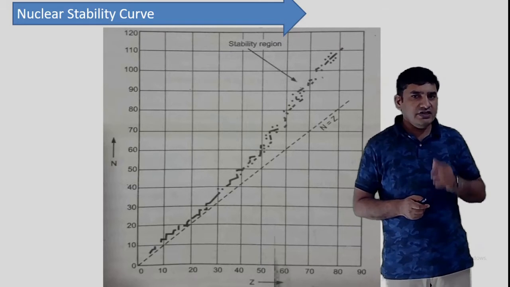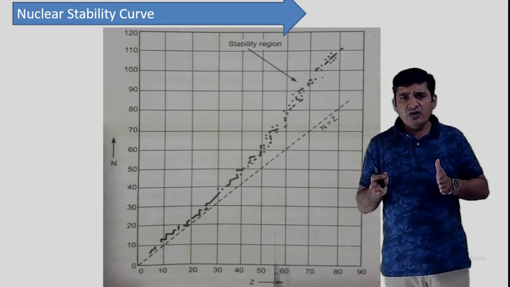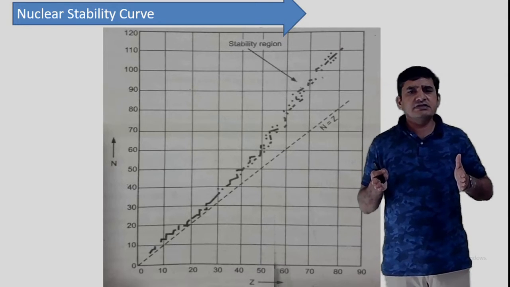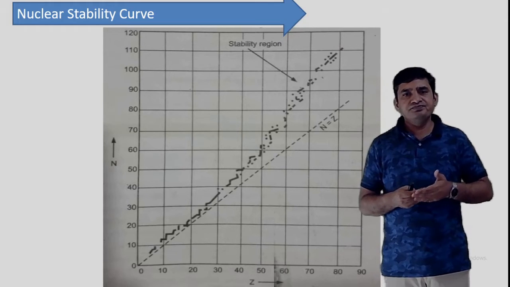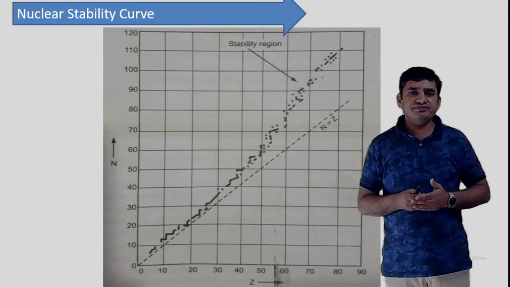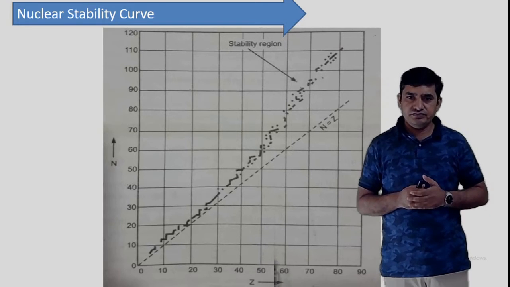Here there is a dotted line. Along the x-axis there is the atomic number or number of protons. Along the y-axis there is the neutron number.